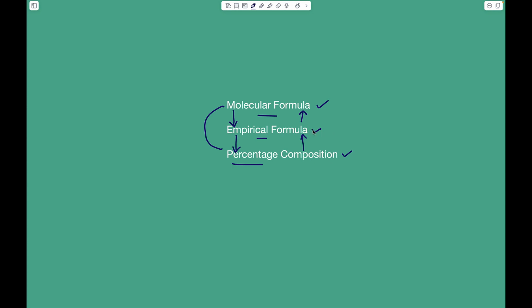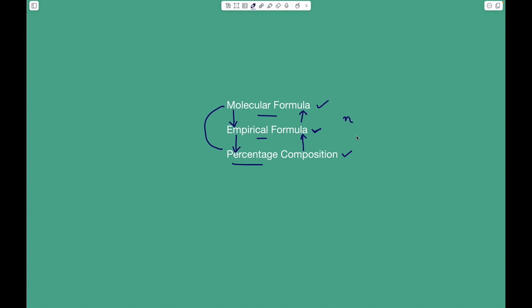Now, how do you get the molecular formula from the empirical formula? To get the empirical formula from molecular formula, we have to divide the subscripts with a number. Now, to get the molecular formula from the empirical formula, you have to do the opposite. That is, you have to multiply the subscripts with a number.